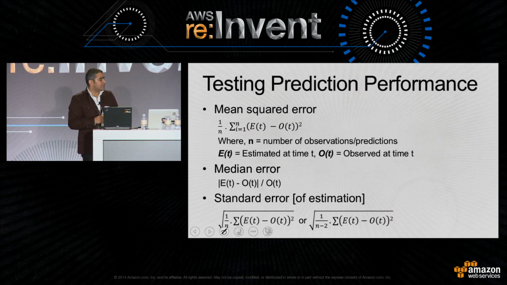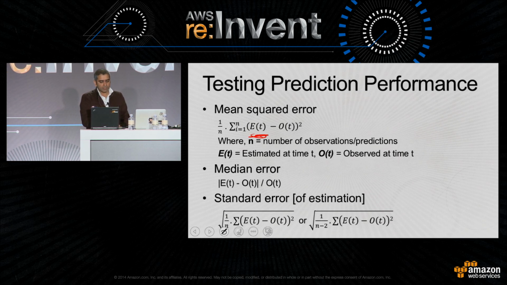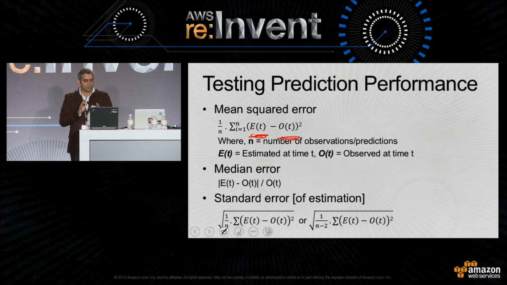Now, the mean squared error, as I mentioned, is very simple logic. You take the estimated value, you take the observed value, you get the difference and square it, and then you sum them up over all the different values you've received, and then you average it out, and that is your mean squared error. The standard error of estimation is similar.